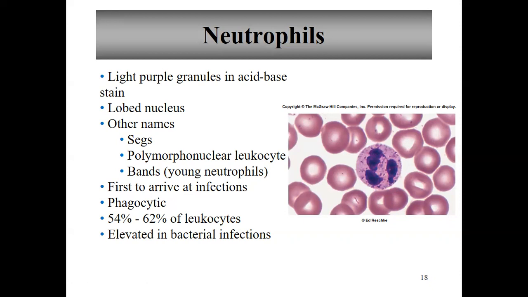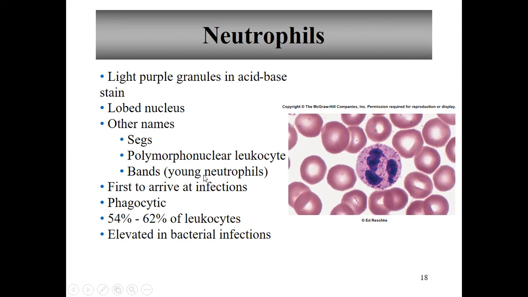Other names for neutrophils are SEGs. You have polymorphonuclear leukocyte, or PMN. We don't really say that a whole lot, but you may see PMN leukocyte. It's also called bands. So bands are young neutrophils.